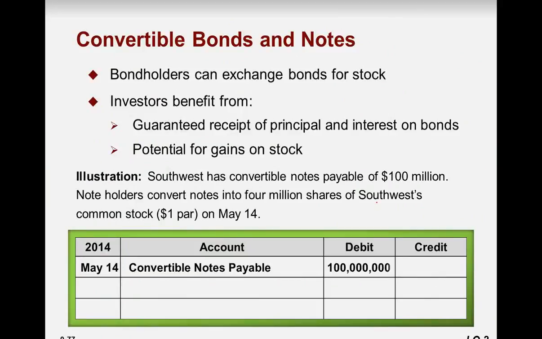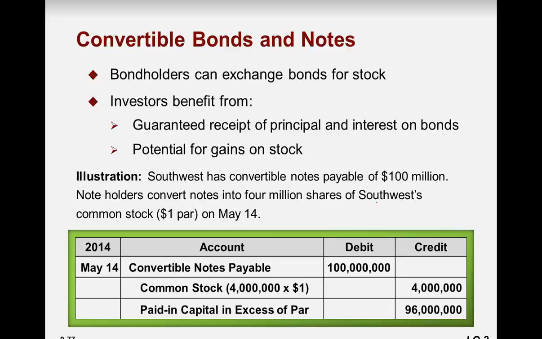We have convertible notes payable of $100 million and common stock. It was $1 par and we got 4 million shares, so 4 million times $1. And then we would have paid-in capital in excess of par on the books for $96 million.